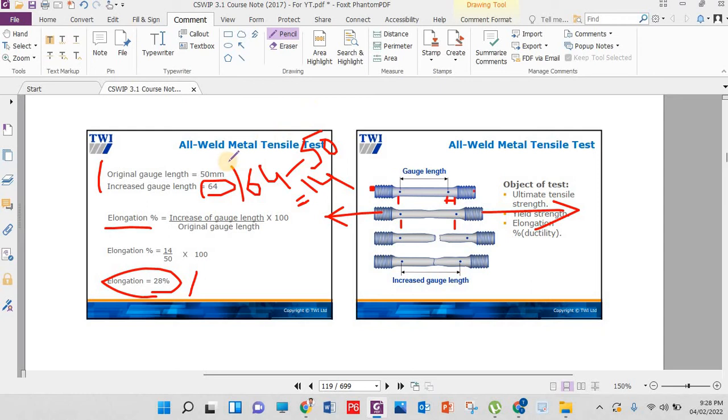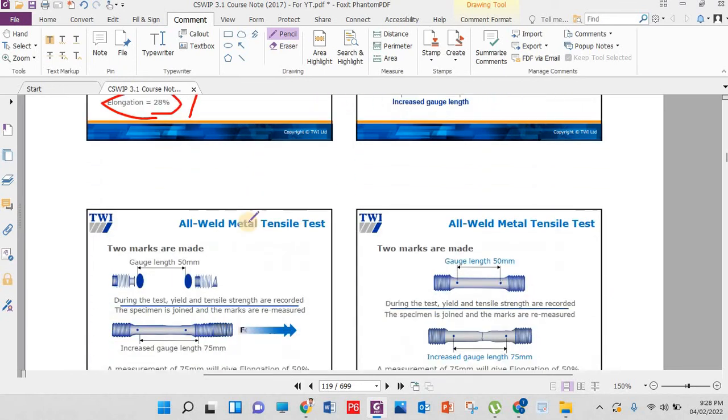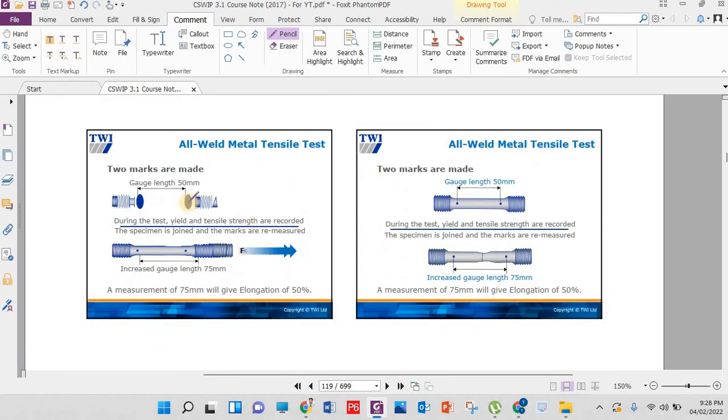In the paper he can give you other values like 170 or 80. The same, he is asking you the original gauge length, then the increased gauge length.